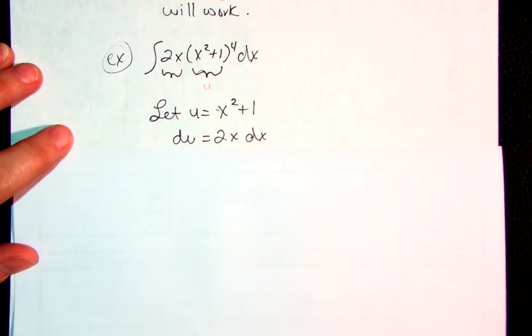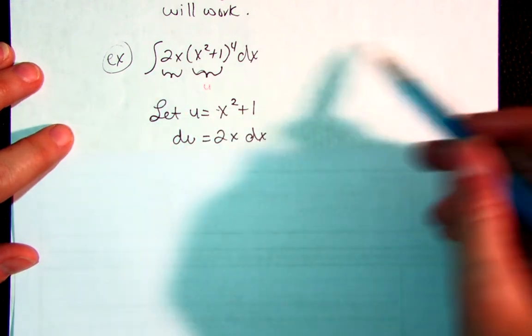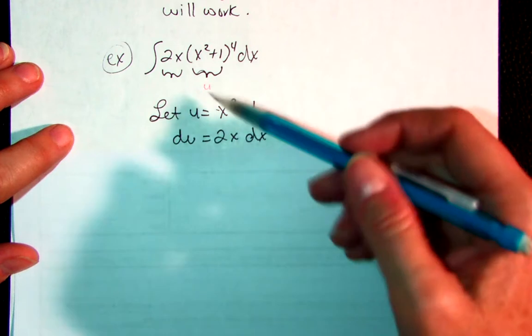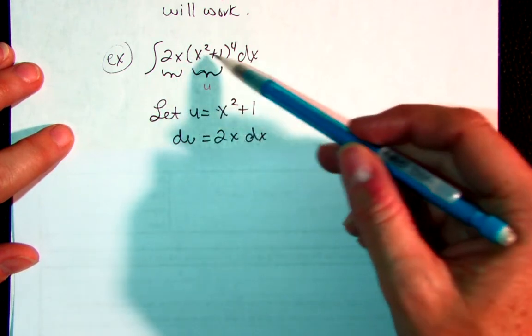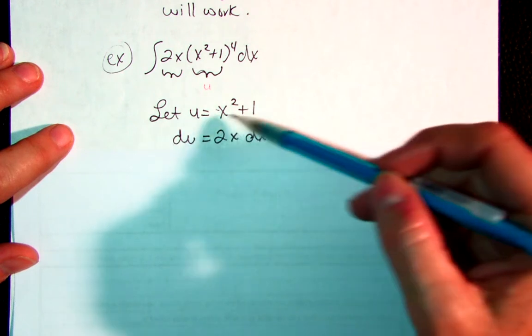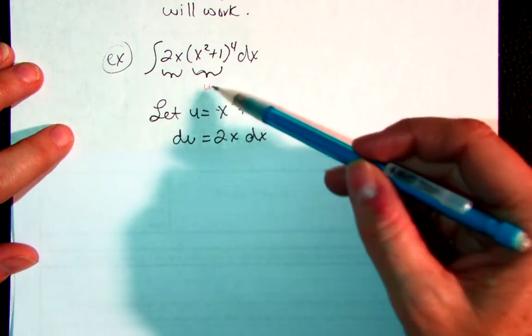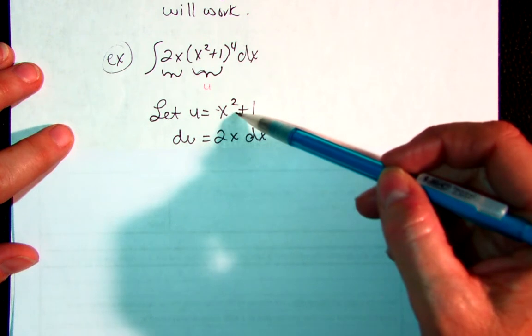So here's what you do. When I show you how to do homework problems, I'm going to write all of this over here. I'm going to let u equal this stuff inside, x squared plus 1. Then what you do with this u substitution is you stay here for a moment and you take the derivative of both sides.